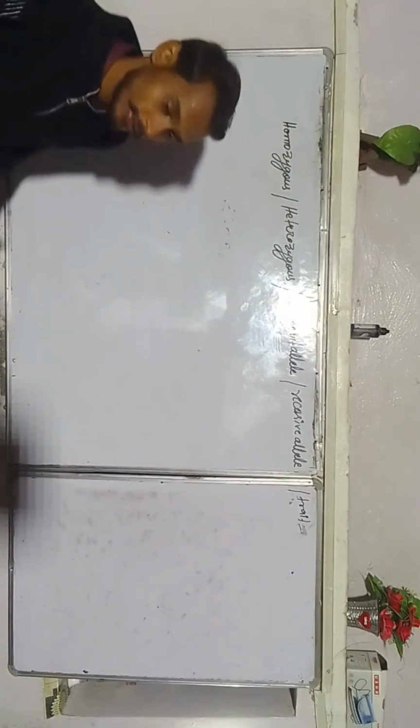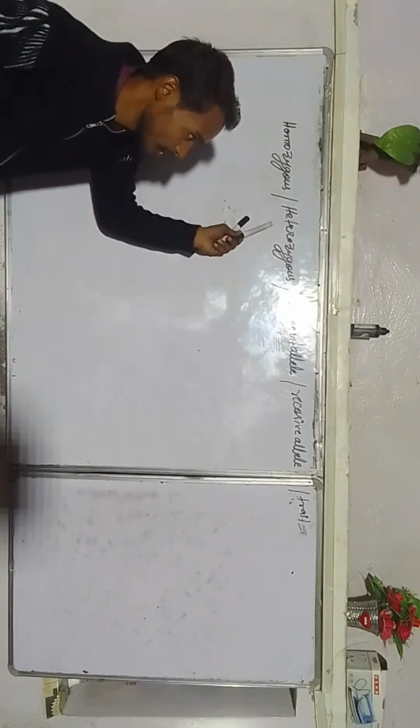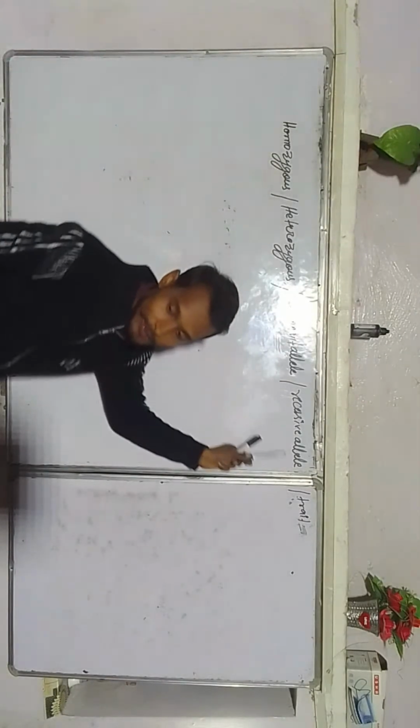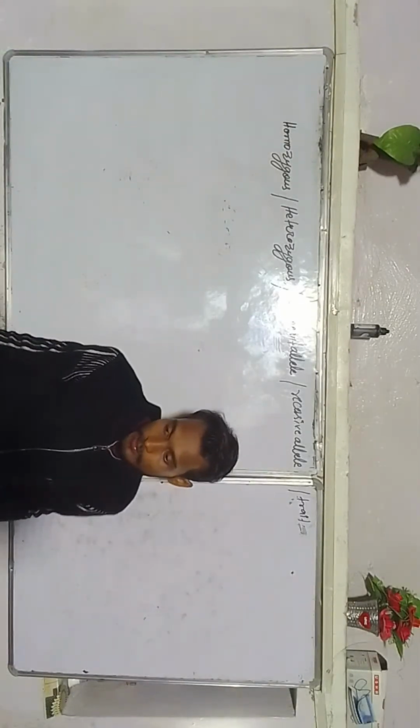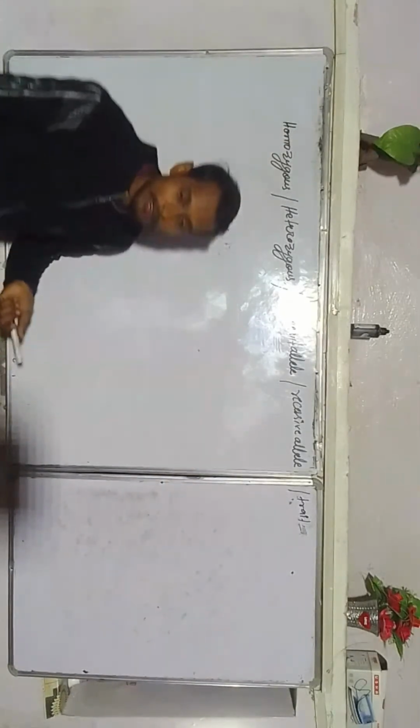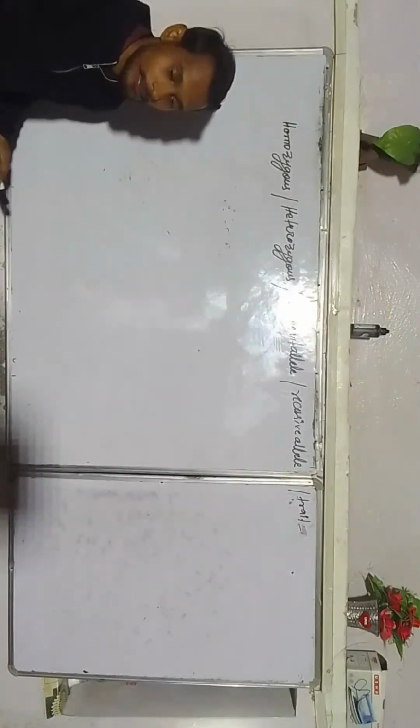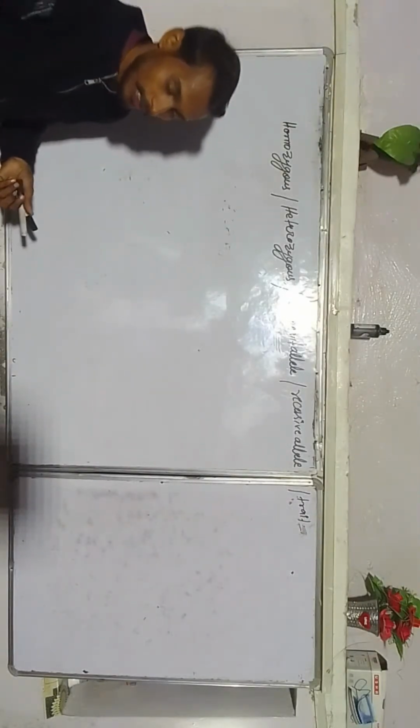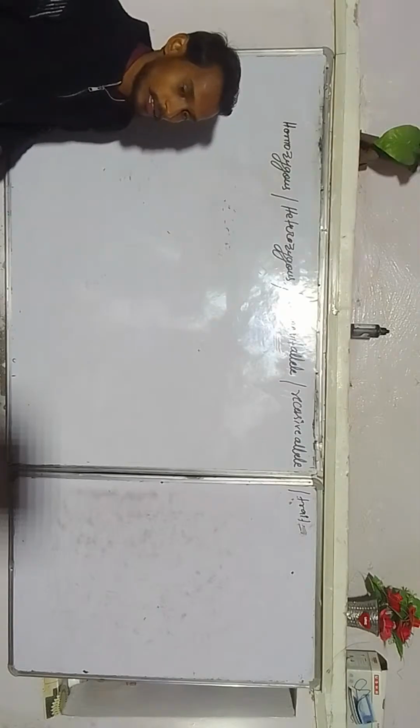Okay, you got it. Homozygous, what is homozygous? Heterozygous, dominant, recessive, trait. We have learned. You got it. Tell me what I have to do, learn.